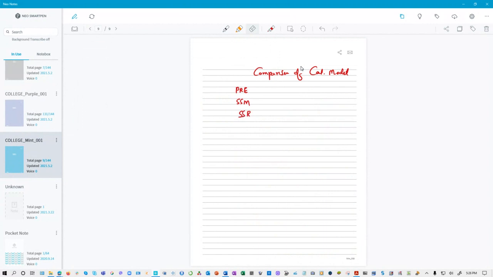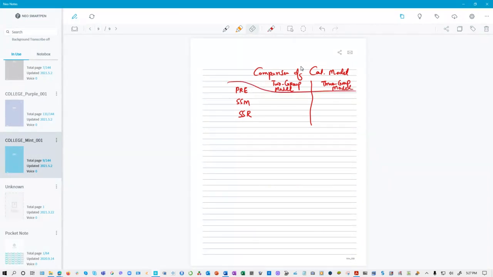You're looking at the SSR. So for this one, the two-group model, and here, the three-group model.